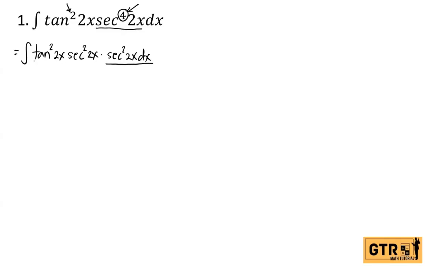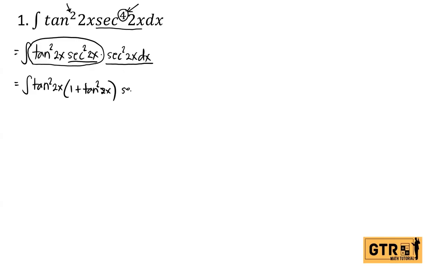Then we transform this into powers of tangent only, so we use the identity for the other secant square 2x. We have tangent square 2x, and the identity for secant square 2x is 1 plus tangent square 2x, times secant square 2x dx.